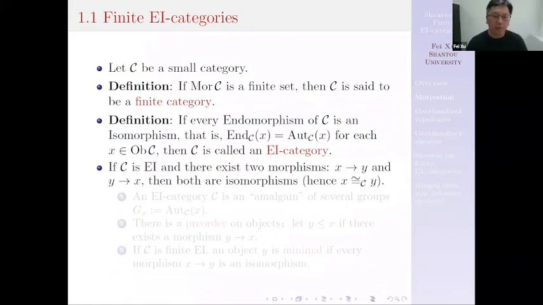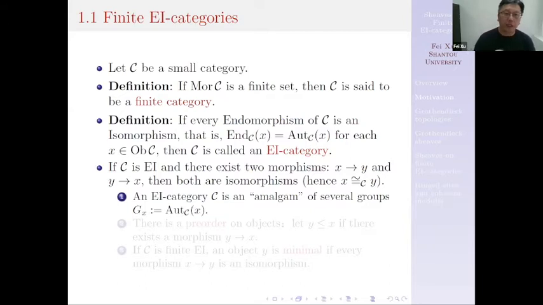So the basic thing is that if we have an EI category and 2 objects, X and Y, and if we have 2 morphisms in opposite directions, then these 2 morphisms compose to isomorphisms. And that means these 2 objects are isomorphic in this category.